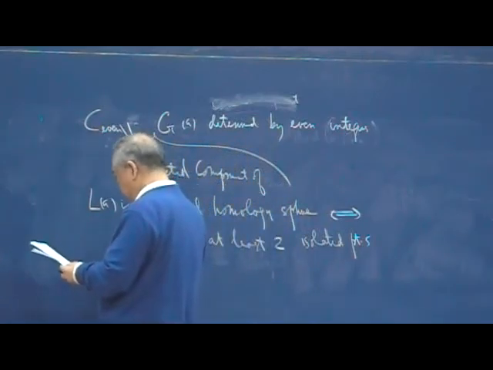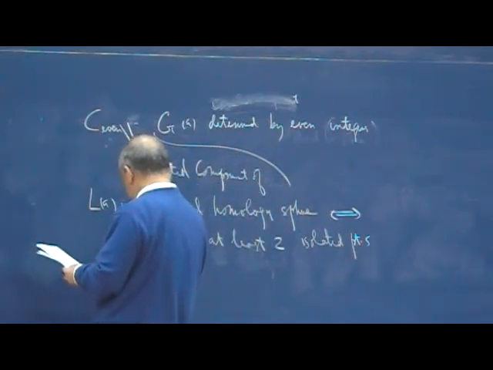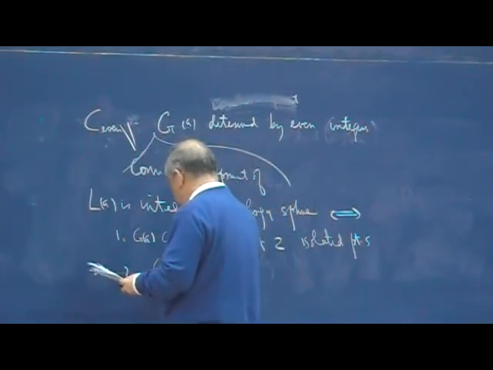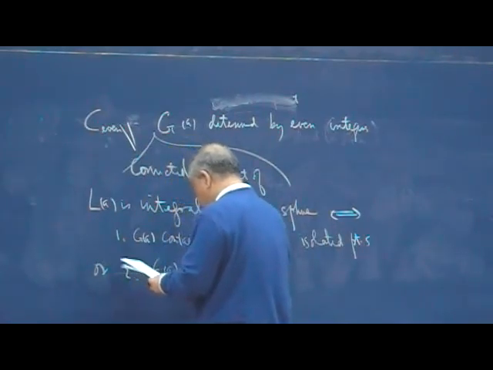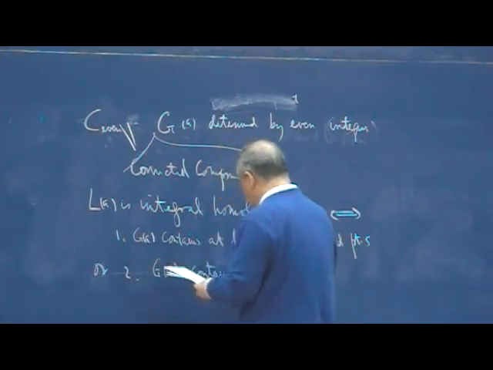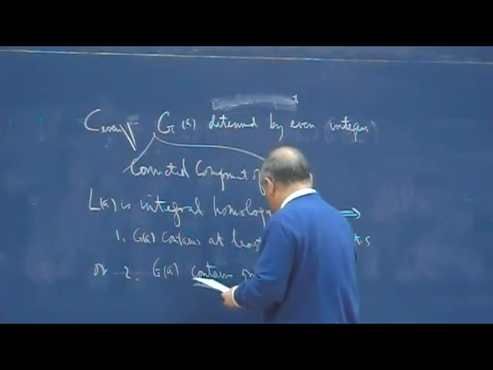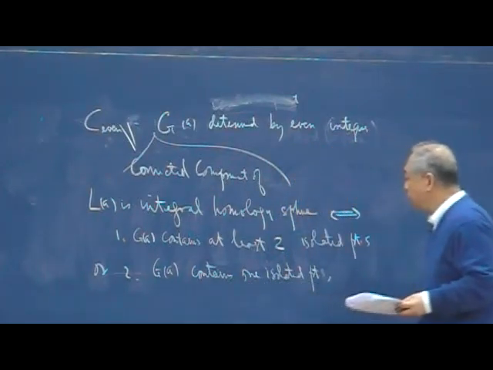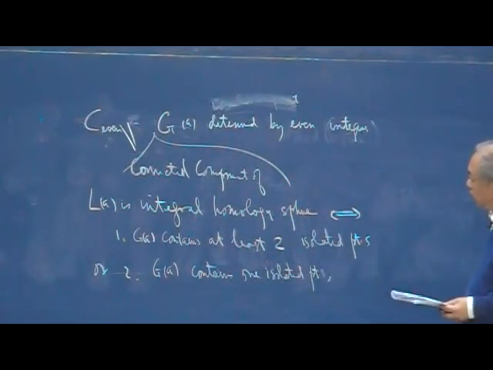Or two, GA contains at least one isolated point. If it contains at least two isolated points, then it's already an integral sphere.